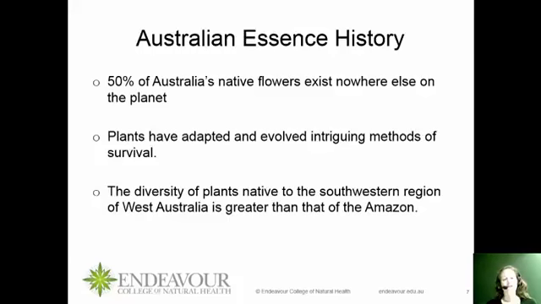So this is a rough guesstimate. It's about 50% of native plants to Australia exist nowhere else on the planet. And due to the incredible diversity of our continent, plants have adapted really interesting models of survival. And as a result, we have some really unique flowers that people come from around the world to look at.